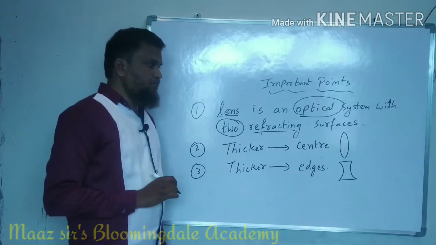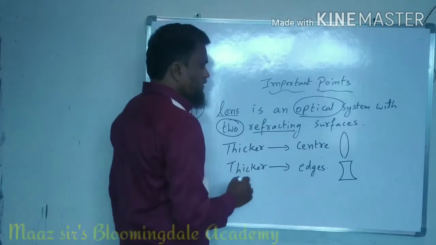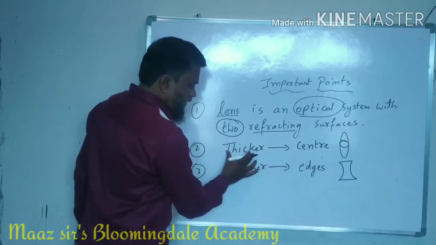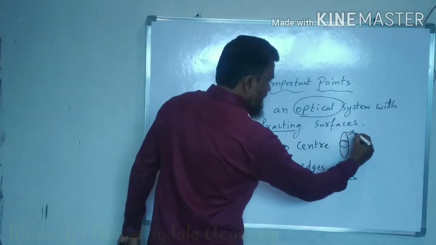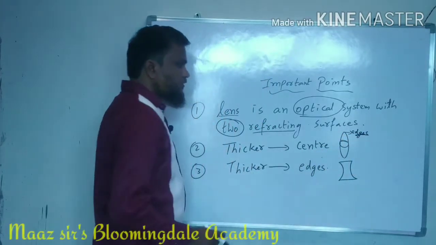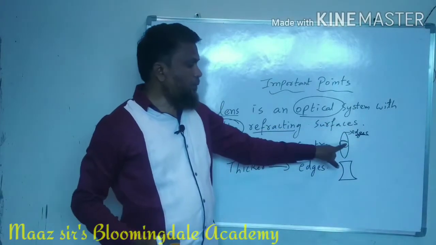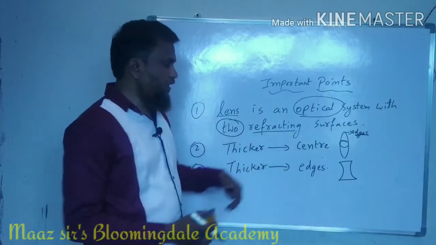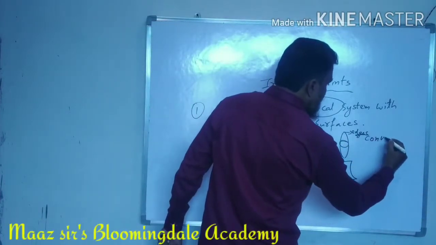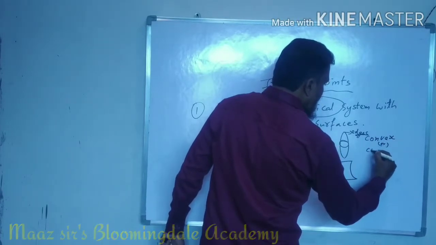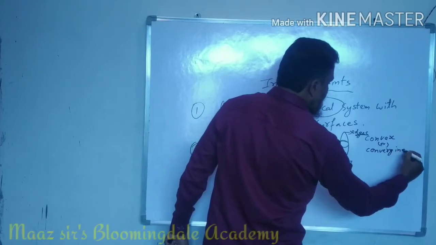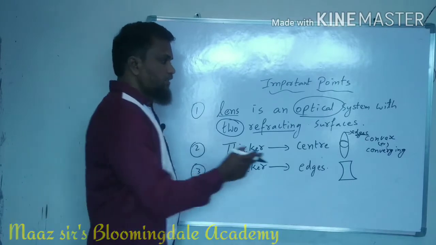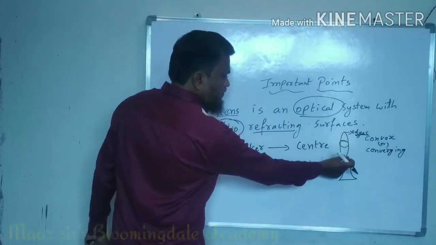Sometimes the lens is thicker at the center and thinner at the edges. If the lens is this type, it is known as a convex lens or converging lens. Remember that it is thicker at the center and thinner at the edges.